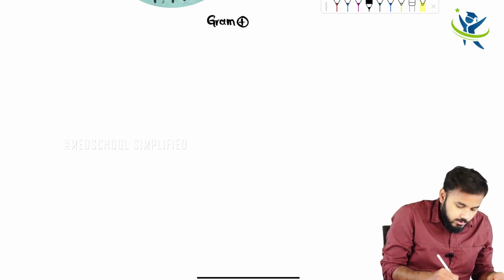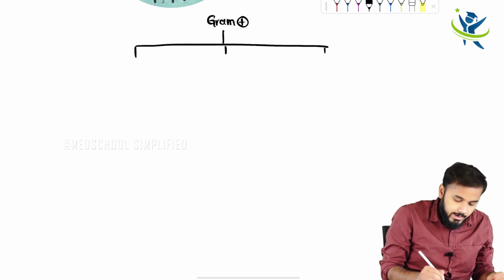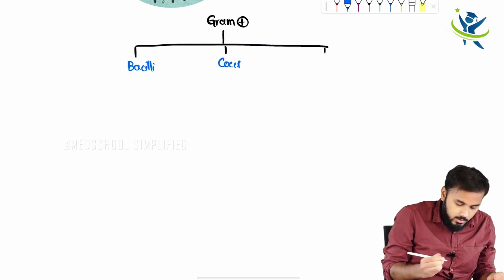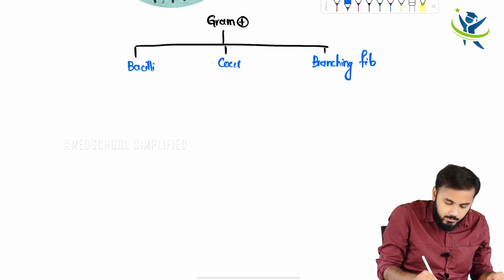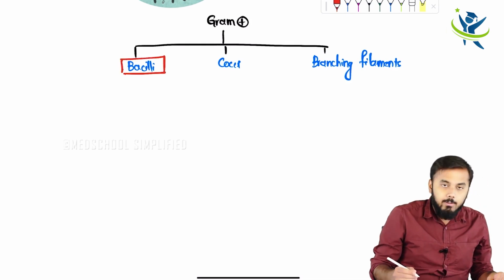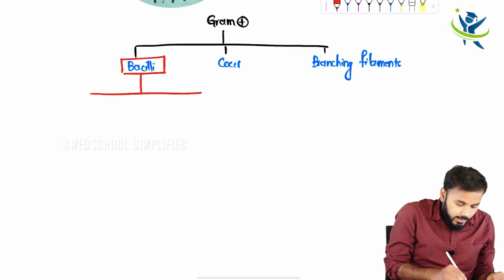Now, this gram-positive organism you basically divide into three types: some are called bacilli, some are called cocci, and some are called branching filaments. In the bacilli, which are gram-positive rods, there are in turn two types.